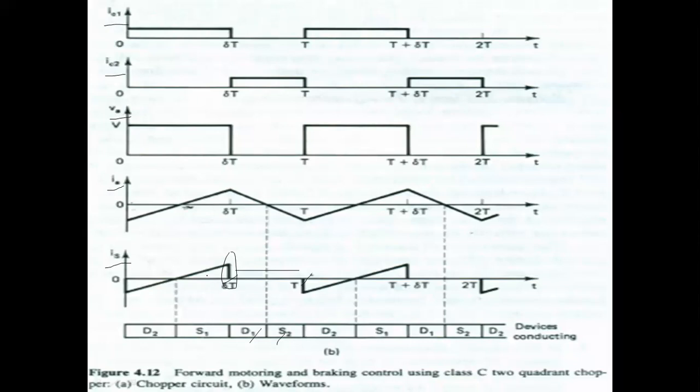We assume that the switch conducts only if the control signal is present. If IC1 is on, S1 is conducting; if IC2 is on, S2 is conducting. In the graph, up to delta T, S1 is conducting, and from delta T to T, S2 is conducting.